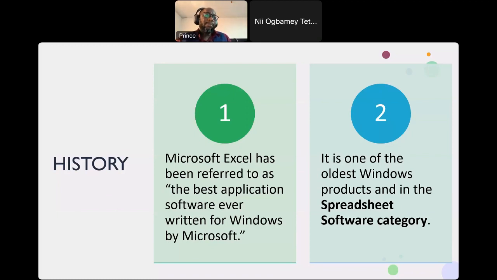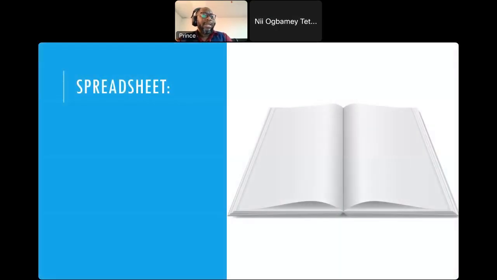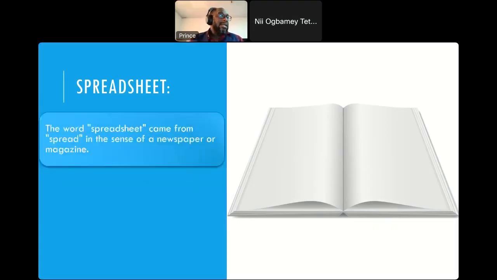When we talk about computer software, we have them in various categories, and Excel falls in the spreadsheet software category. When we say spreadsheet, practically what it means is you've taken a sheet or a book and you've opened it wide. The concept of spreadsheet came from the early days of organizations where they had bookkeeping.